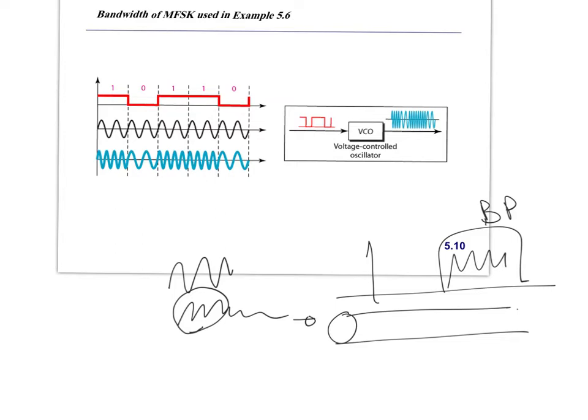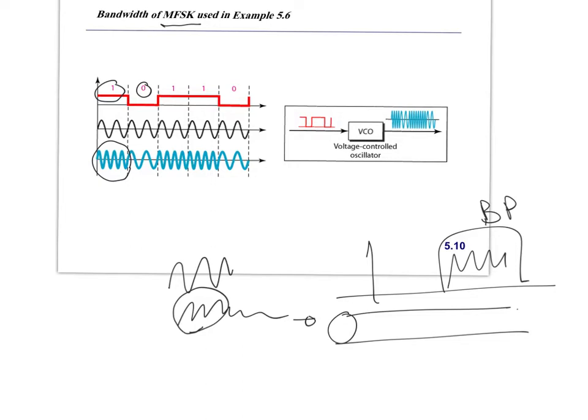So we talked about FSK, or binary frequency shift keying, where we changed the frequency of the analog signal according to the bits, whether it's 1 or 0. So 0 would be a low frequency sine wave, and 1 would be a high frequency sine wave.